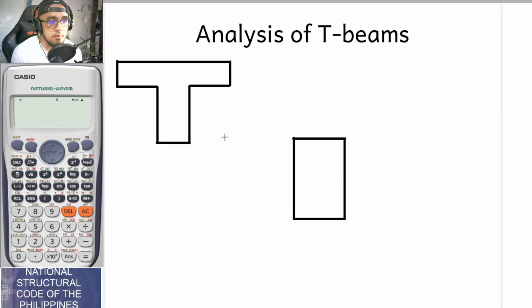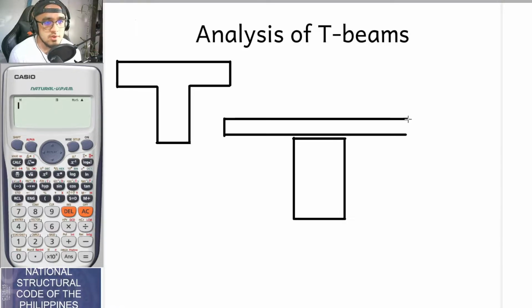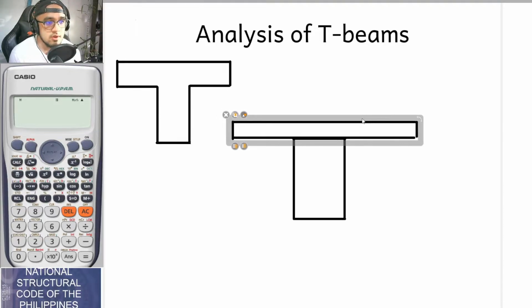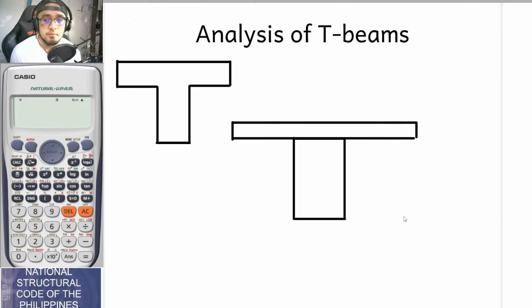When we say superimposed, in Tagalog, nakapatong lang siya. So this is the slab on top, and as you can see, they are not homogeneous. So this is an example of a rectangular beam with a slab over it.